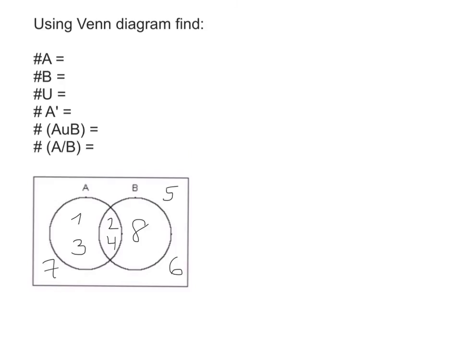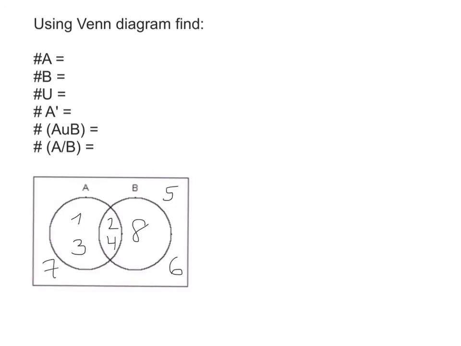And this is part B of our example number 4. So looking at our diagram filled in from example number 4, we need to focus on cardinal number. So hash A, hash B, hash U and so on. So hopefully you all remember what is cardinal number.